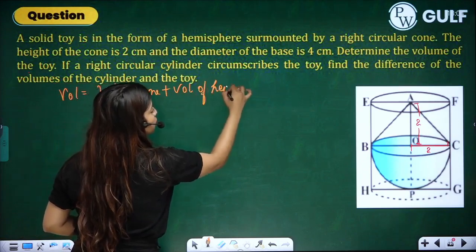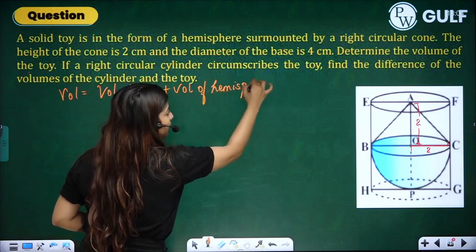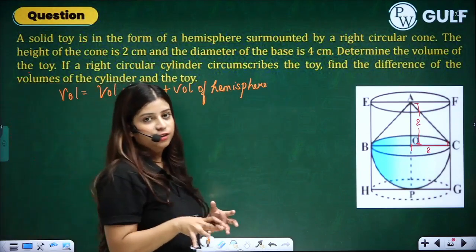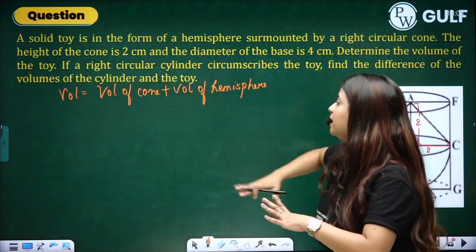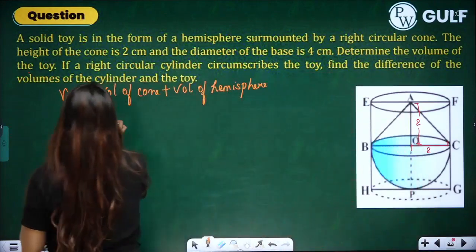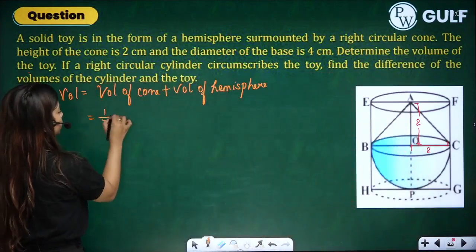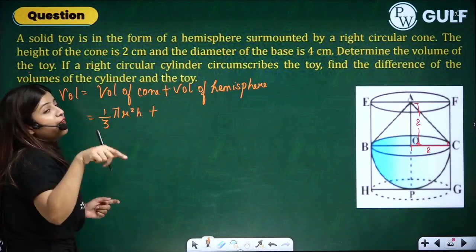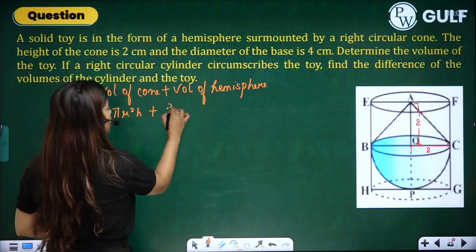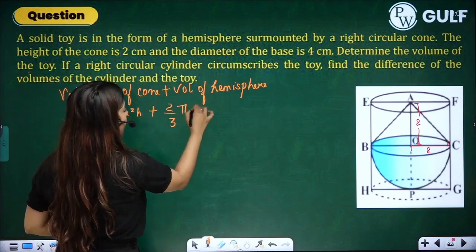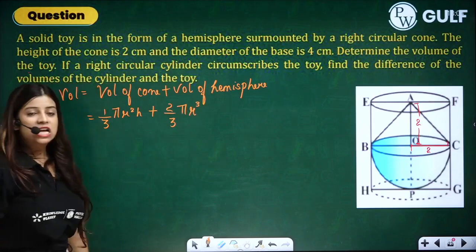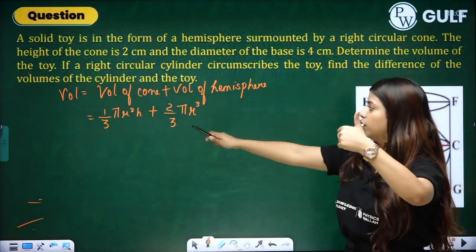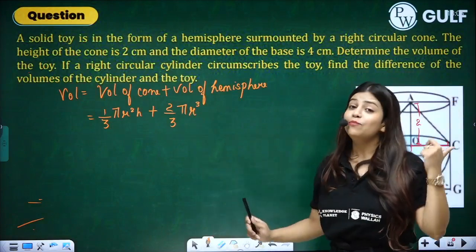These are the two volumes that we need to add up to find the volume of the total toy in front of us. So let's see the volume of cone. What is the volume of cone? That is 1 by 3 pi r square h, plus volume of hemisphere is equivalent to 2 by 3 pi r cube. So these are the volumes of the different objects. The one is for the cone, the second is for the hemisphere.